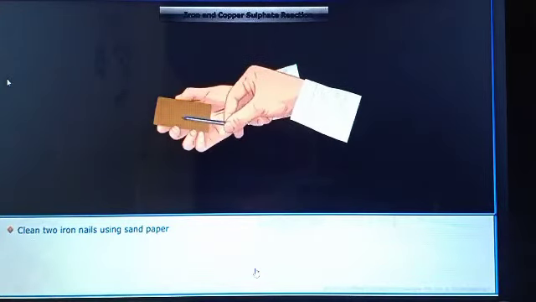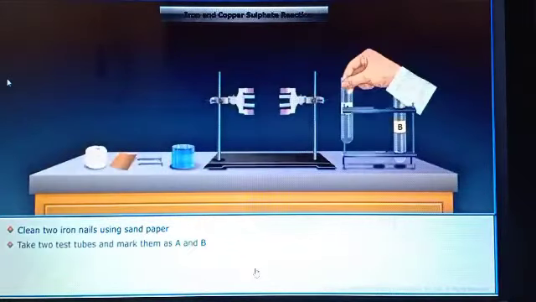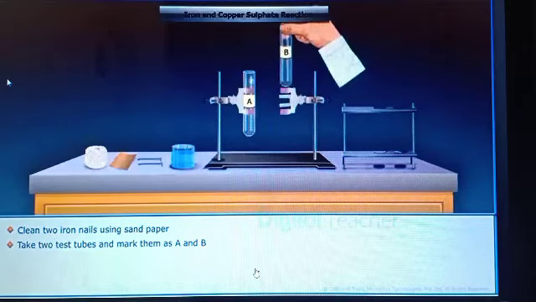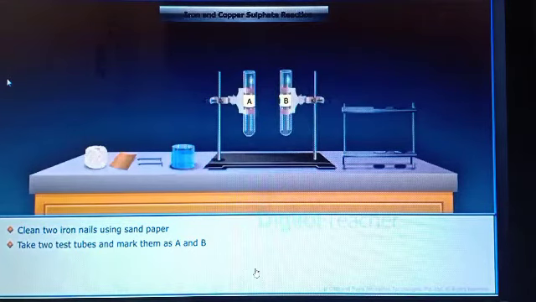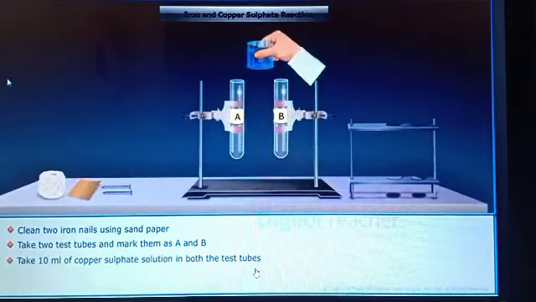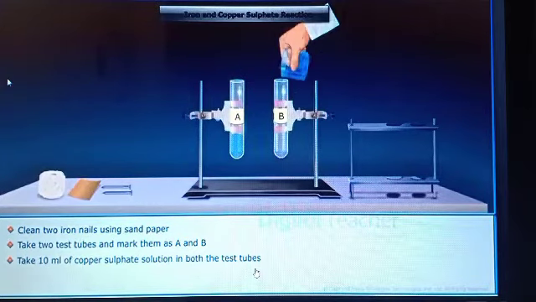Let's start the activity. Clean the 2 iron nails with proper sandpaper. After that, take 1 test tube, label it as A, take another test tube, label it as B. After that, take 10 ml of copper sulfate solution in both the test tubes.